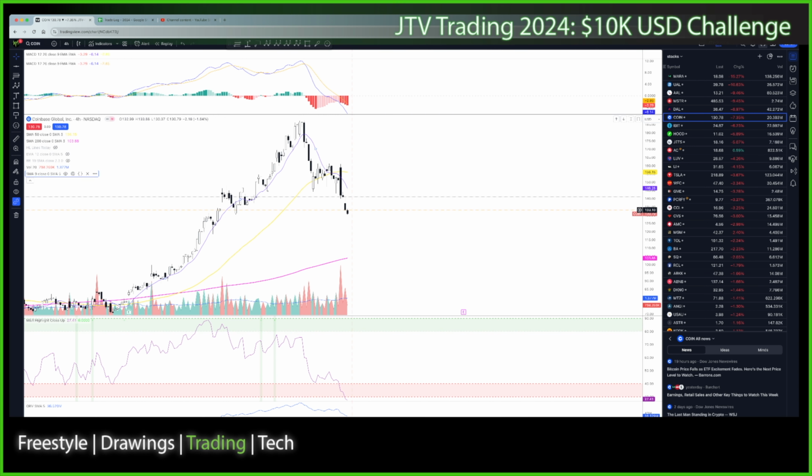Another thing is, if we look at this correction from an Elliott correction perspective, we can see that we have A, B, and C here, right? So that's another part that we have to consider on why I'm thinking this is a good potential setup for Coinbase.